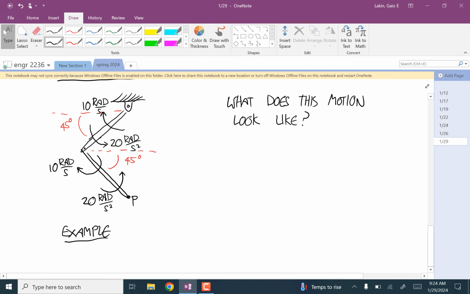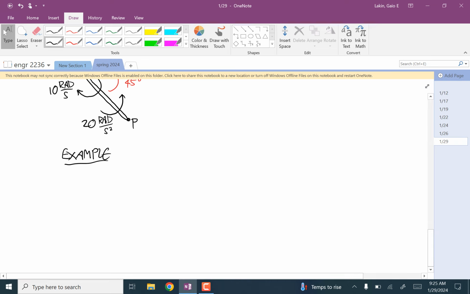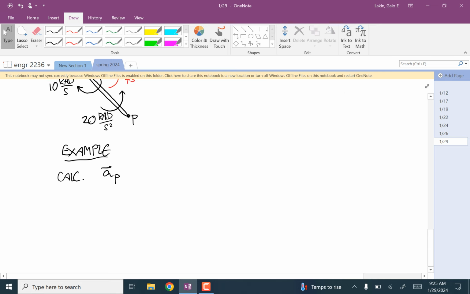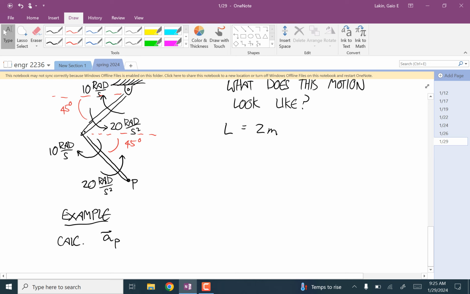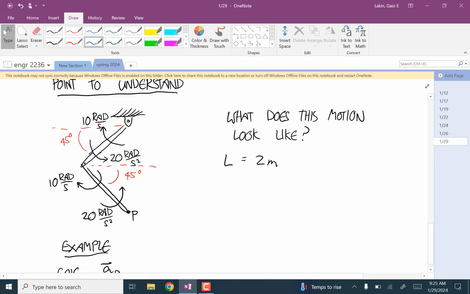Let's call the lengths 2 meters for each. And we want to calculate the acceleration of P. Okay, so I guess I'll name them the same things I did before. I'll call this G, I'll call this A.